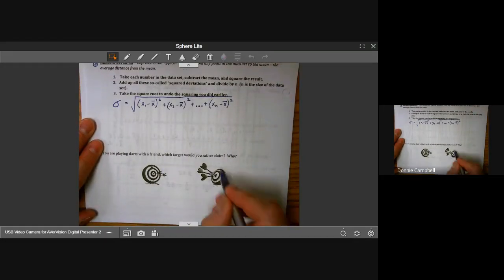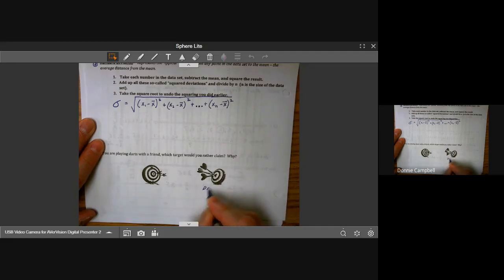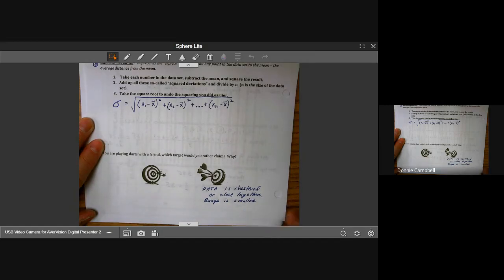And of course, you'd rather have this one here because your data is clustered, C-L-U-S-T-E-R-E-D, or closer together. Also, your range is going to be smaller because the values are closer. Your biggest and your smallest are closer together. Okay?